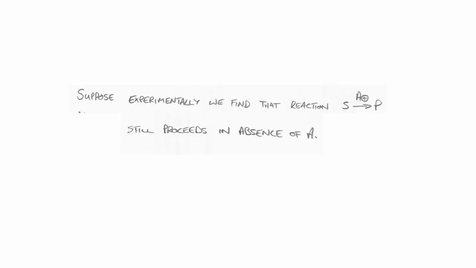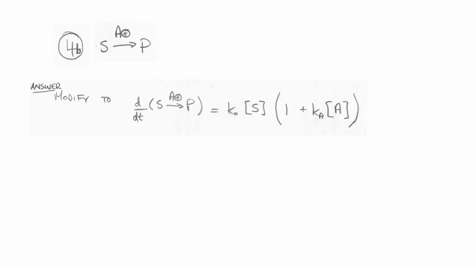However, suppose experimentally we find that the reaction rate isn't zero and the reaction is still proceeding in the absence of our activator. Well, we could modify this equation to include a baseline rate by writing it in this form. Now we have two different constants, and when the concentration of A is 0, the rate is equal to K0 times the concentration of our substrate.